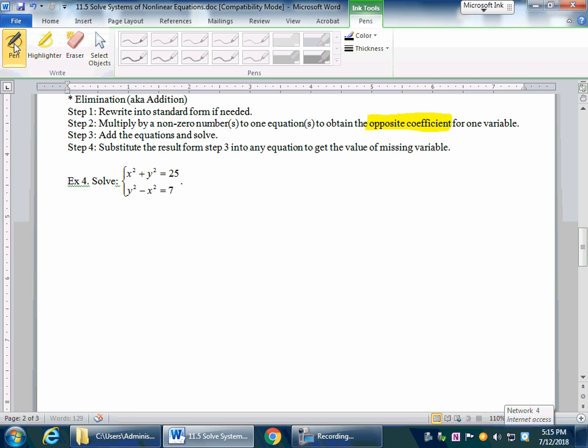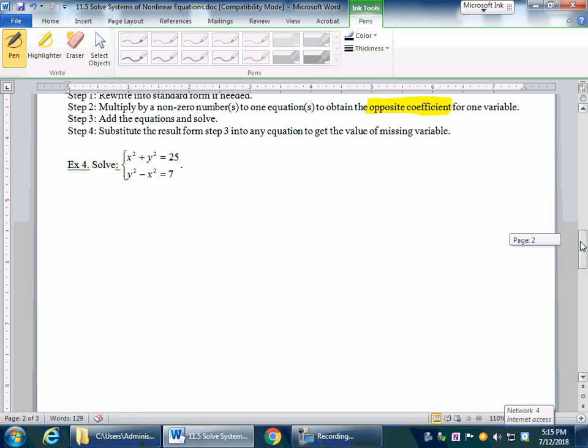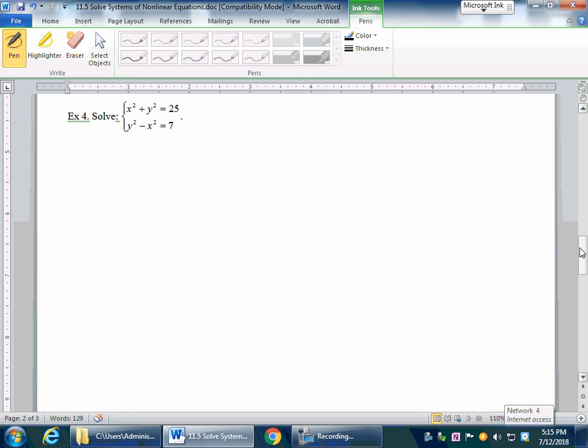So let's take a look at the first example. First I'm going to rewrite this system of equations as x squared plus y squared equal to 25, and negative x squared plus y squared equal to 7.